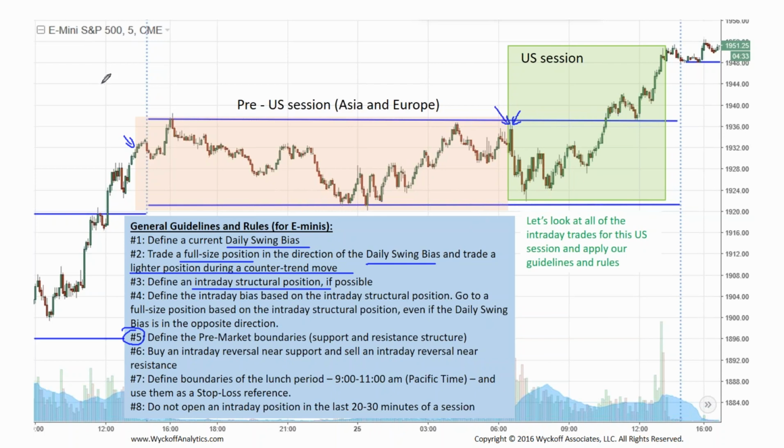So let's say our daily swing bias is up, but what is our intraday structural bias at this point? Anybody? What do you guys think? Why is that down, Karen? Why is that intraday structural bias down?